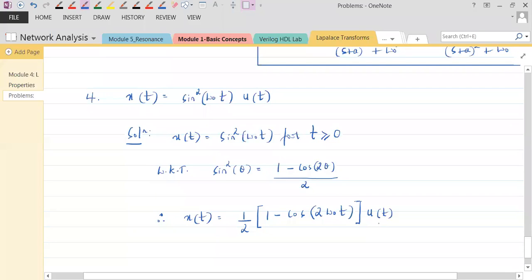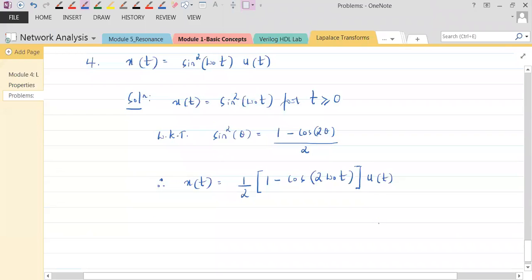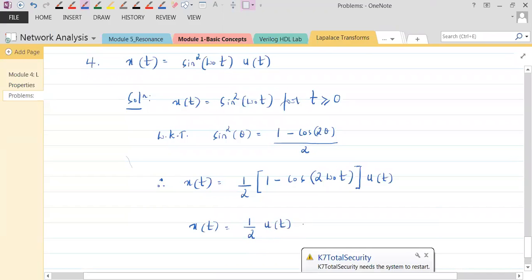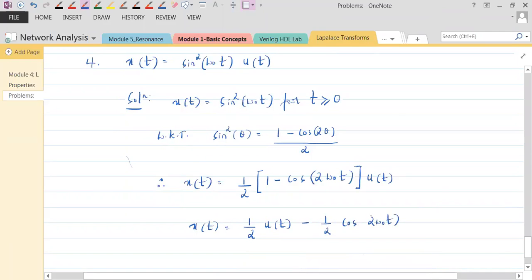Further, I can represent this as x of t equal to half u of t, you can bring in the half, not a problem, minus half cos 2 omega naught t into u of t.